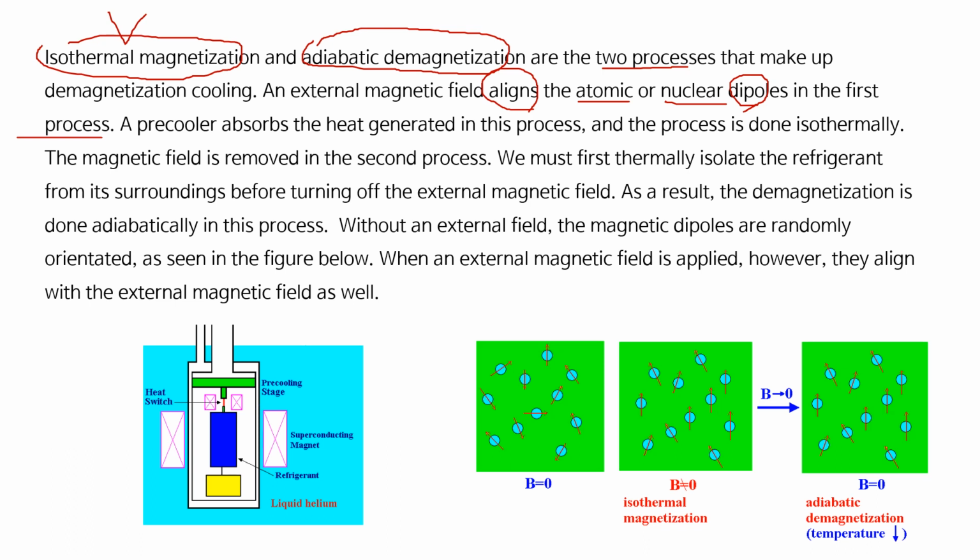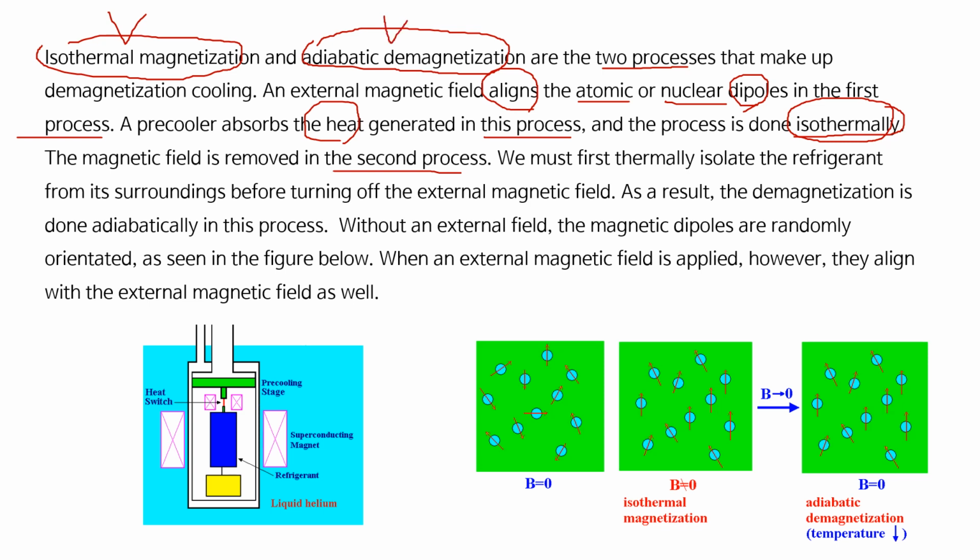The precooler absorbs heat generated in this process, and the process is done isothermally. The magnetic field is removed in the second process, adiabatic demagnetization.